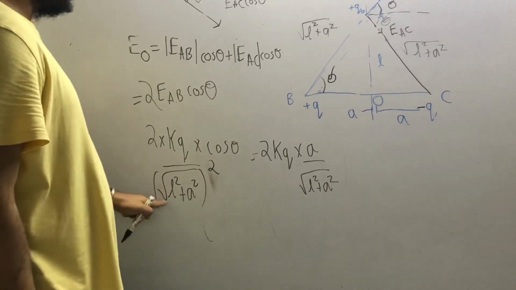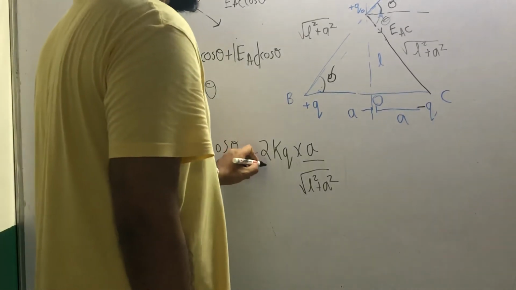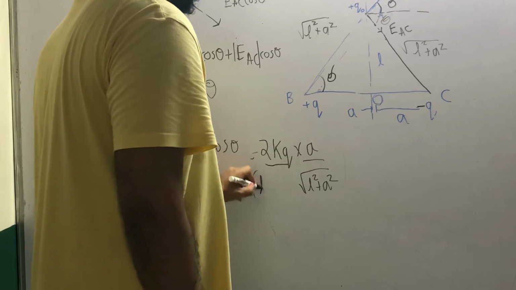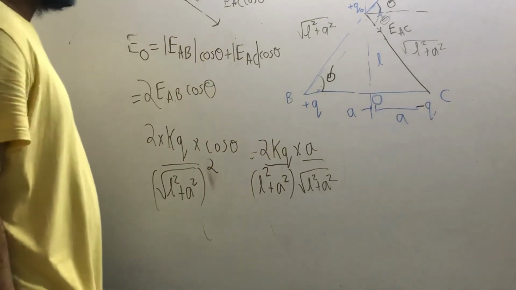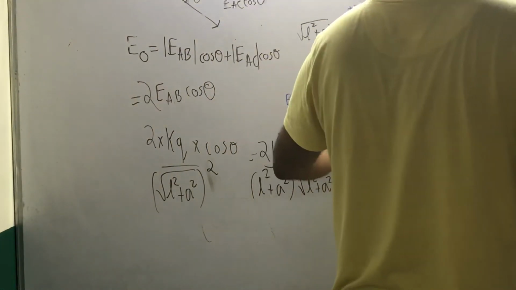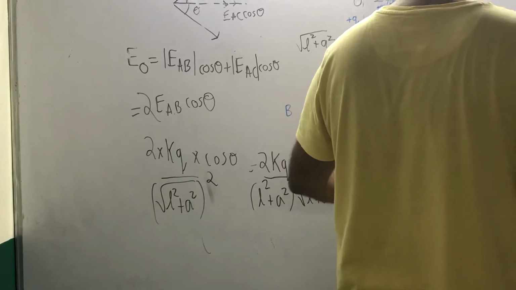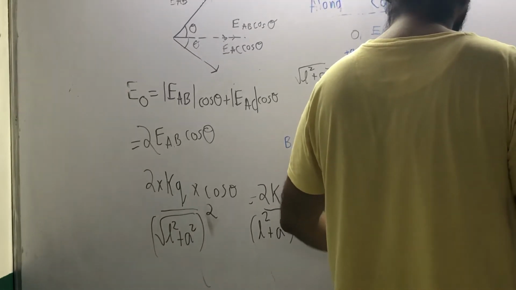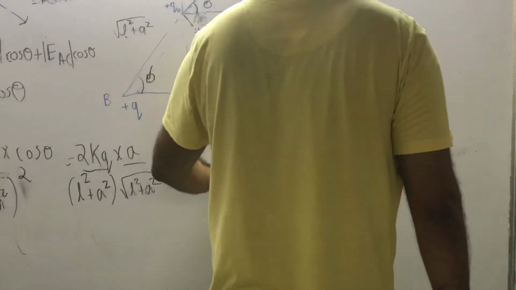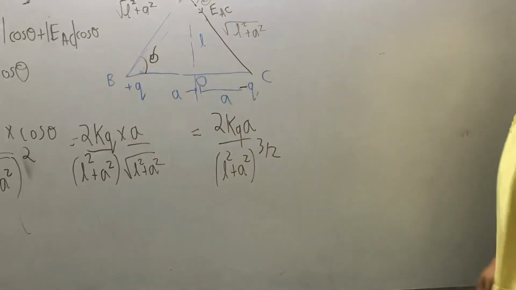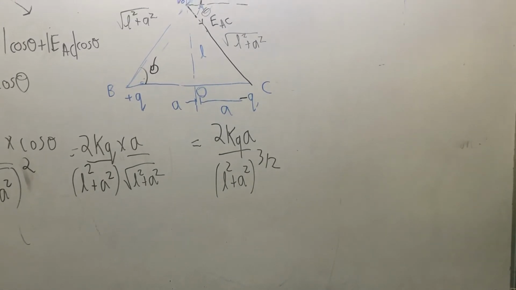This was under root, and the square of under root is the number itself, so it will be L square plus A square. Or you can write here 2kq into A upon L square plus A square raised to the power 3 by 2. I hope that is clear to you all.